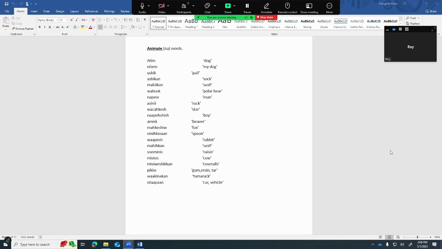Amisk, beaver. Makeso, fox. Emaquan, spoon. Wapos, rabbit.